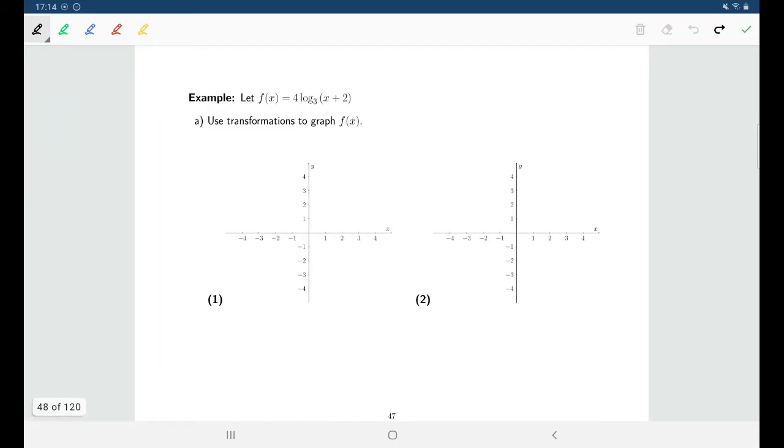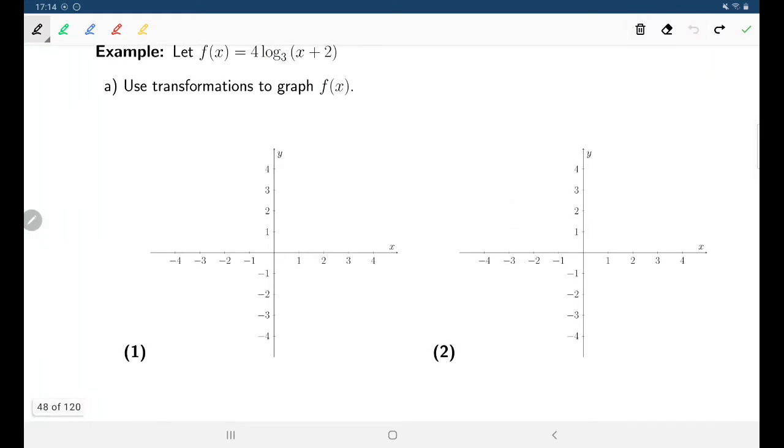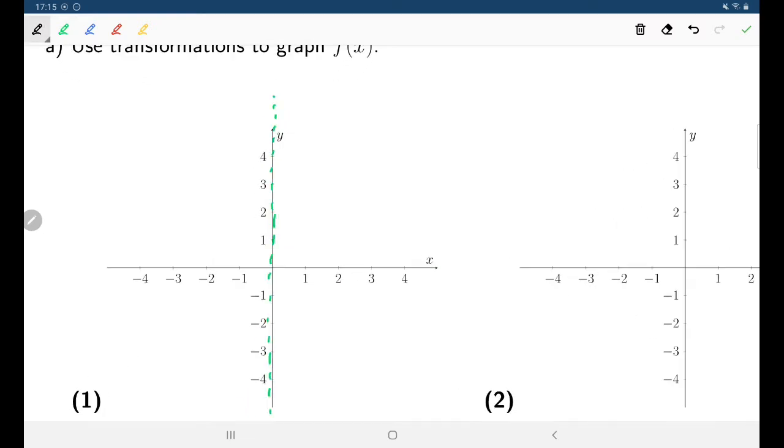So if we wanted to graph this logarithmic function using transformations, we now can start off with what we know for our basic shape. Here the basic shape would be log base 3 of x, and I know what that should look like. It should, number 1, have a vertical asymptote, x equals 0. It should pass through the points (base, 1).